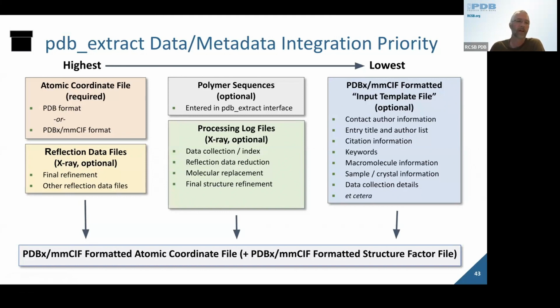Actually, as a side note, this is a way that if you have multiple data sets, but you can only provide a single structure factor file, you can take those multiple data sets and combine them together into one structure factor file.